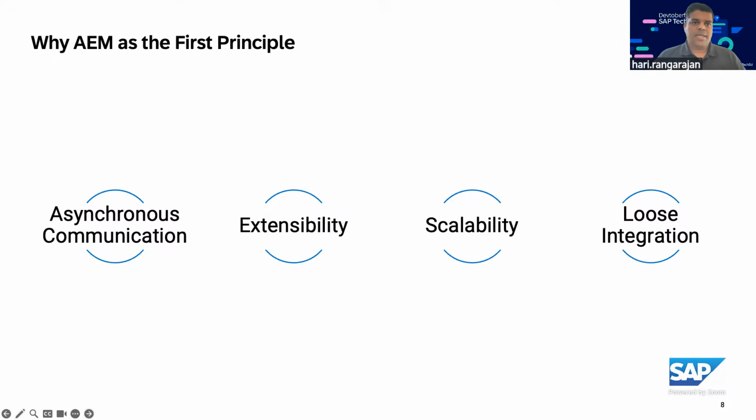And here is why it is foundational to clean core. Asynchronous communication, no tight coupling between systems. Extensibility lets consumers build side-by-side extensions without modifying the core. Scalability, you can support multiple consumers with minimal configuration overhead. Loose integration, you replace your point-to-point interfaces with the publish-subscribe model.